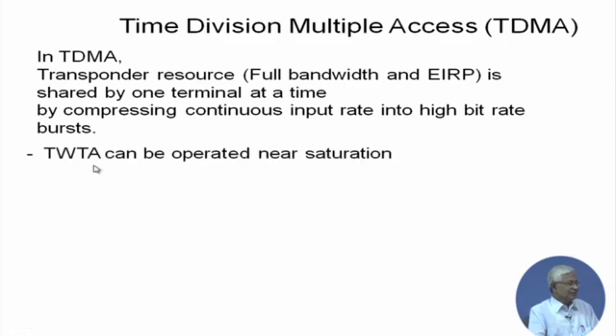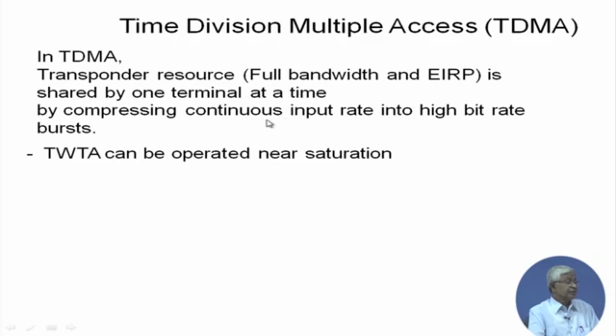Then one big advantage is that you have full bandwidth and full EIRP, and there are no multiple carriers. So, the TWTA can be operated near saturation, which means you are extracting maximum power. You are not coming down to the linear region by putting in some back off. Biggest advantage.